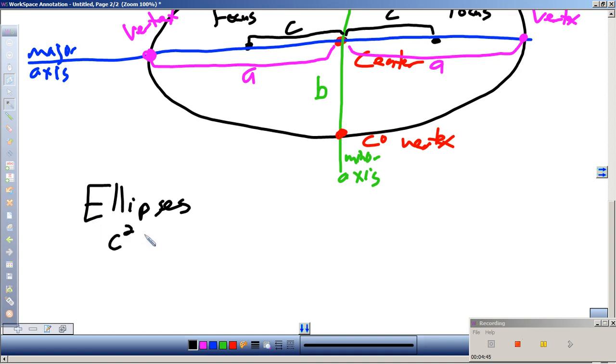C squared is equal to A squared minus B squared. And second one, A is greater than B. And notice A, B, and C are always positive, because they are distances from the different points.